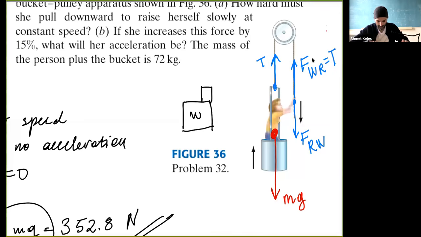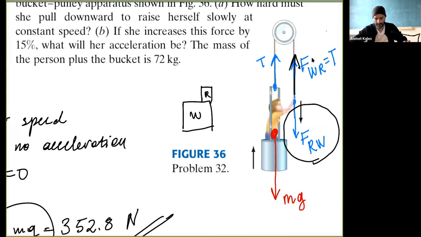Now, Newton's third law says, for every action, there is a reaction. So we agreed on this. So there must be an equal and opposite reaction. Then I just write this, equal and opposite, and I identify it as FWRT. So it's equal and opposite. That's also good, right? So we'll come to that.